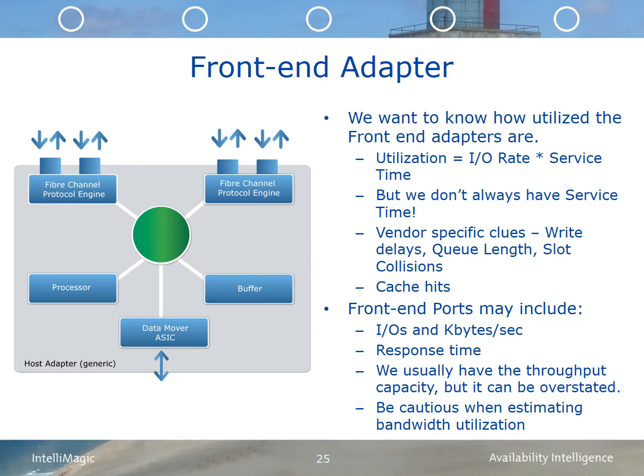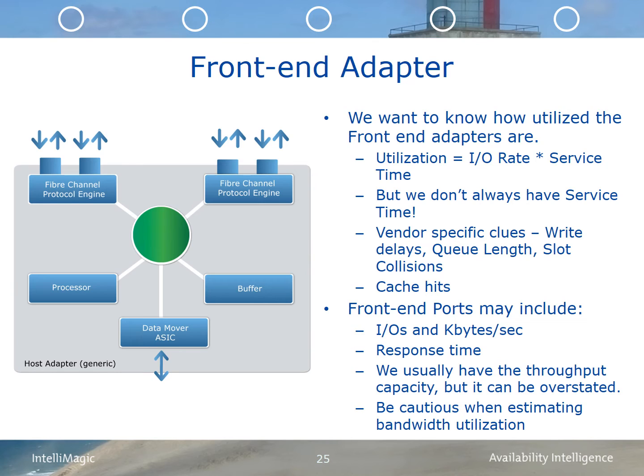The thing that we want to know is how busy those adapters are, or the processors associated with those adapters. And in theory, we could get that by multiplying the I/O rate times the service time for a crude estimation. Unfortunately, we don't always have the service time, so we need to look at vendor-specific clues such as write delays or queue lengths, things like slot collisions, and cache hits if there's caching that we can get reporting on the front end. In terms of the front end ports, we can also get things like IOs and throughput, as well as response time for some platforms.